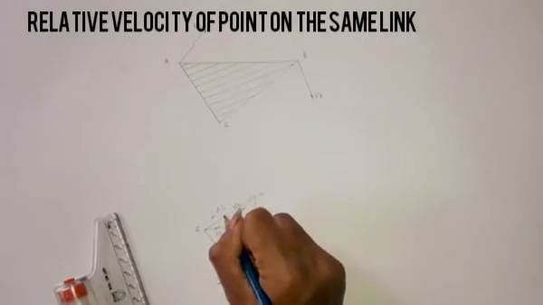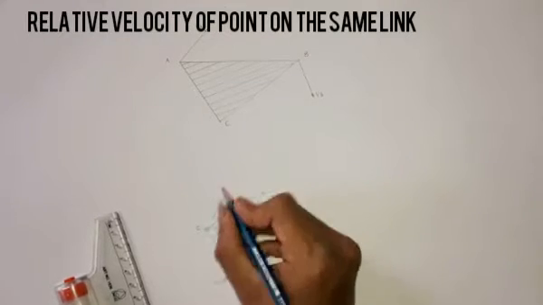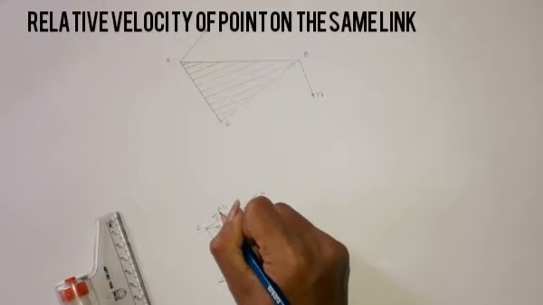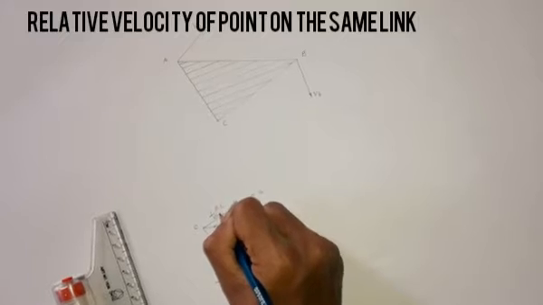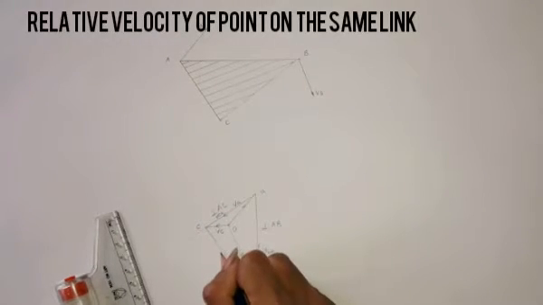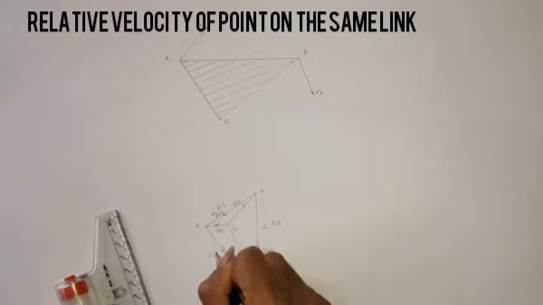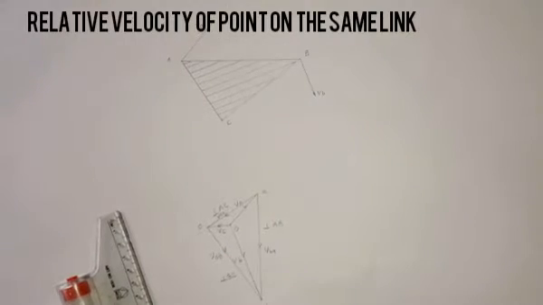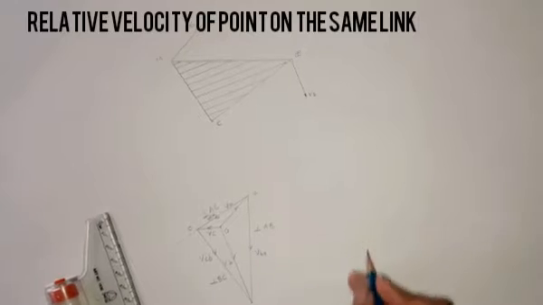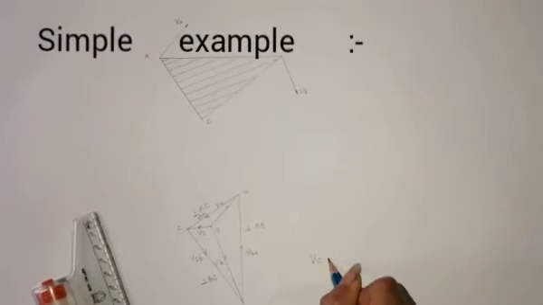Here if we draw arrows, it gives velocity of point C with respect to A and velocity of point C with respect to B. So in this way we have to find out velocity of point C.